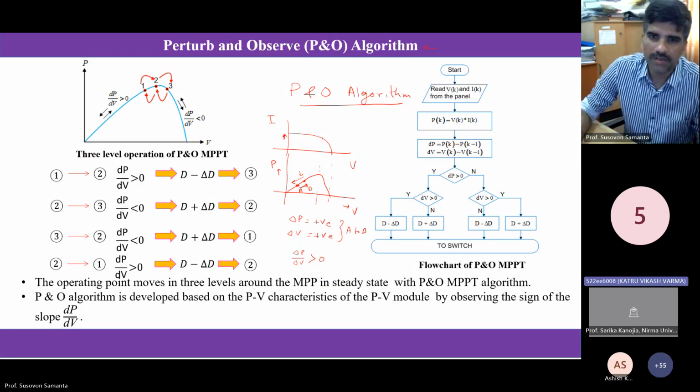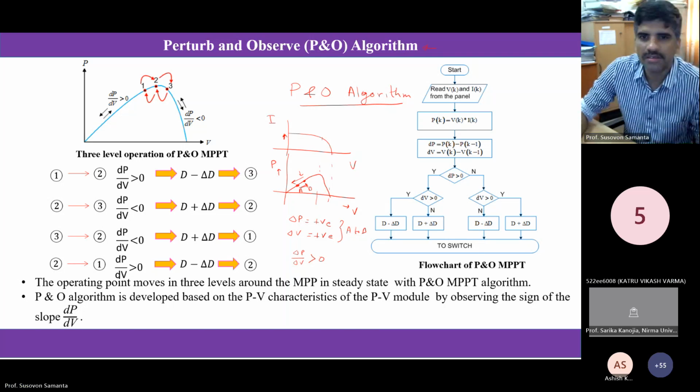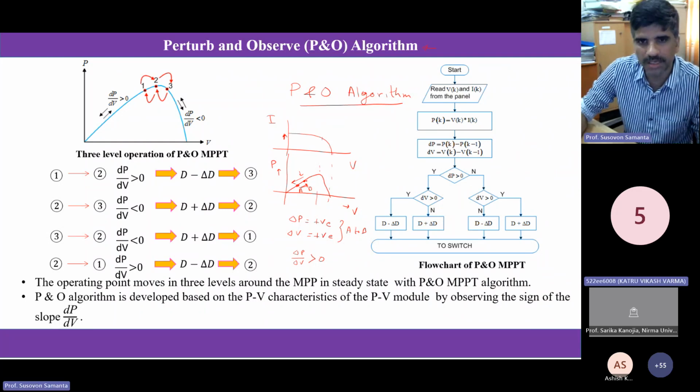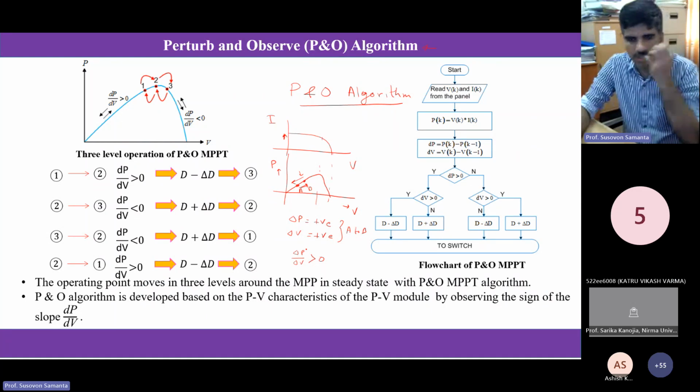You can check with the right side that the slope is negative. Now suppose I am at B, how do I take the decision? Somehow I reached B, and I have the information about A. As we have seen, if I check the difference in power at B, it is positive, and the difference in voltage at B is also positive. So dP by dV is positive.